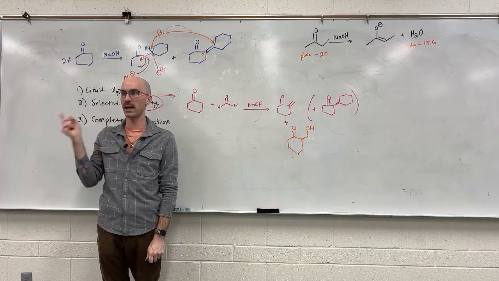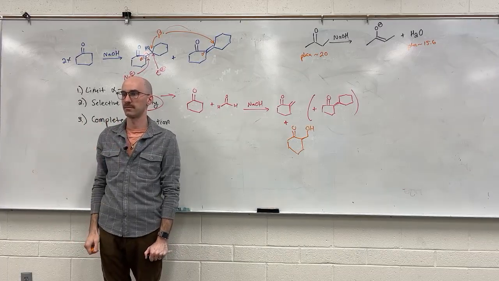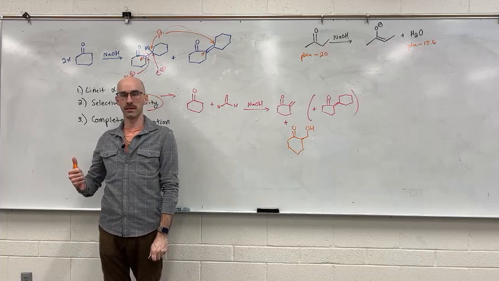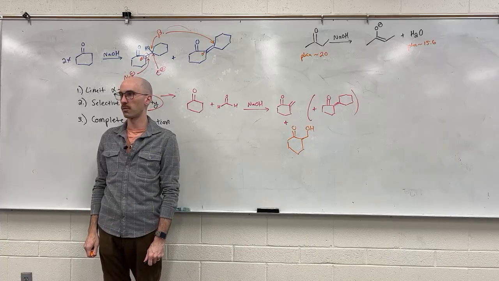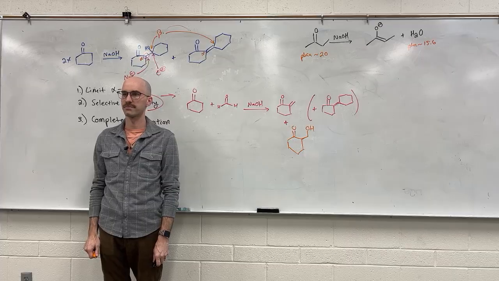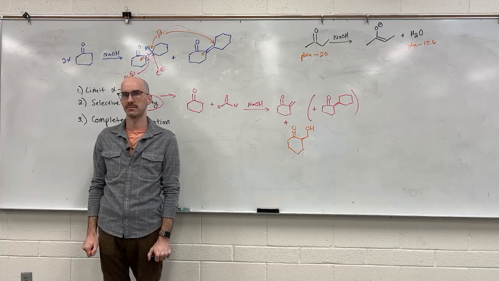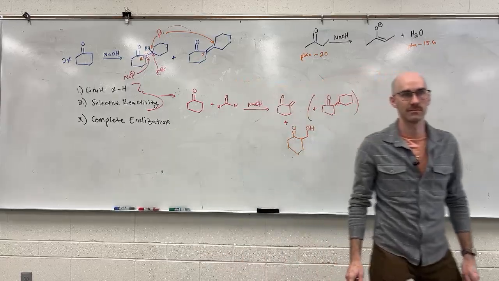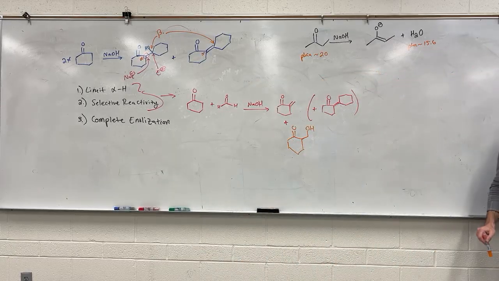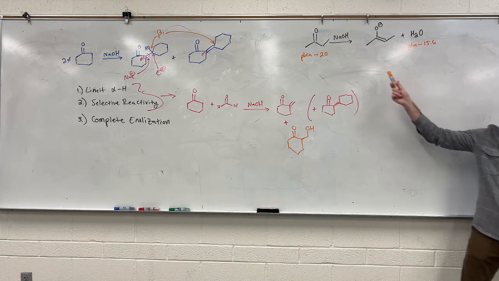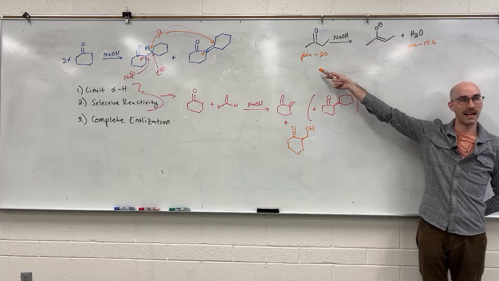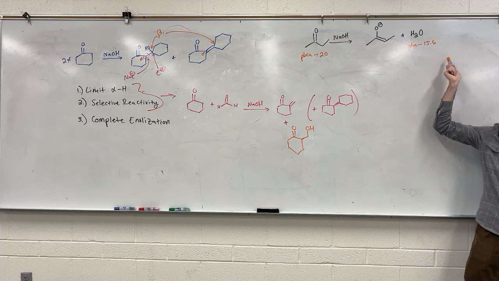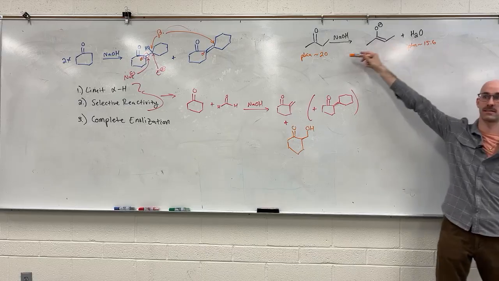So which side of equilibrium is favored? Does the enolate form well, or does the ketone stay formed well? Worse acid, better acid. Better acids do their job. They act as acids.